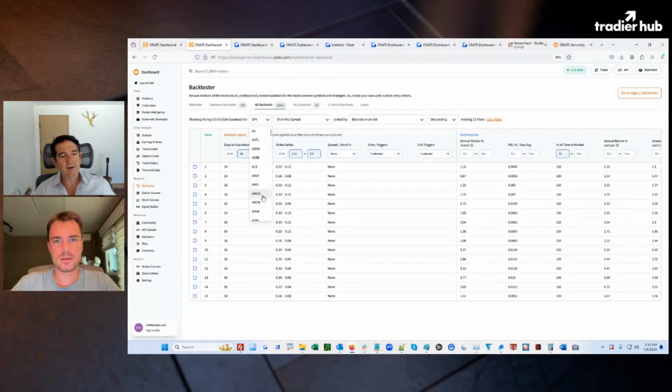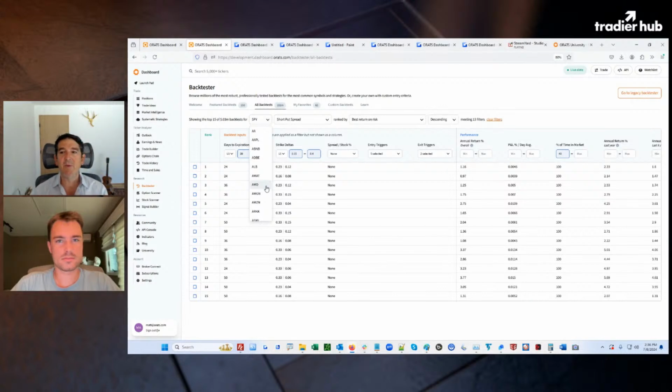Another thing that you could do is, let's just say if you're selling single name, you could look at quite a few different stocks in here. So we could look at Apple, Adobe, similar types of stocks, and you could really expand this to see how it does.